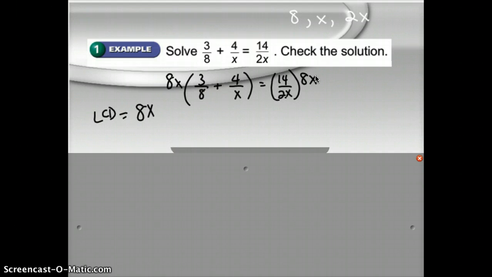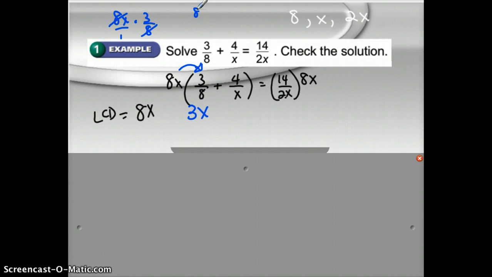The trick in multiplying here is that you really deal with the denominator first and cross-cancel when you can. If I'm doing 8x times 3/8, I really want to cross out those 8s, so that's just going to be 3x.